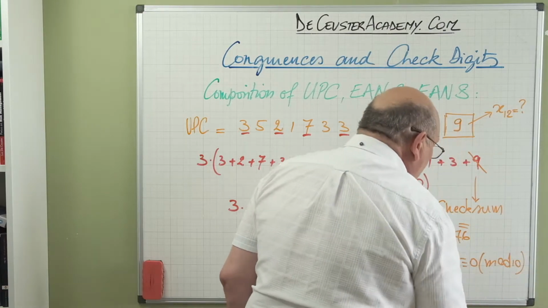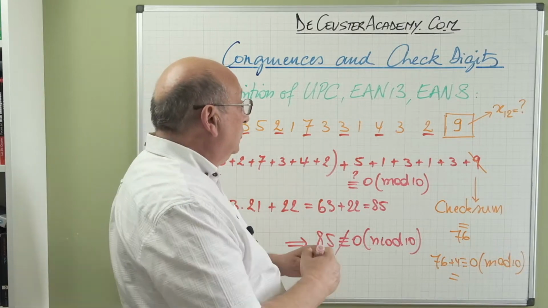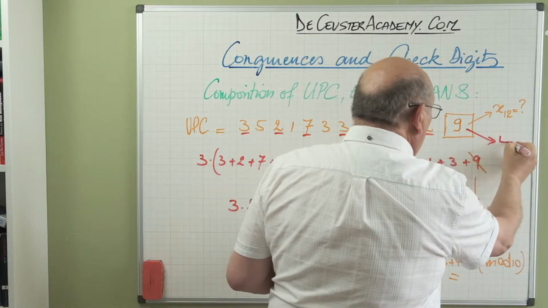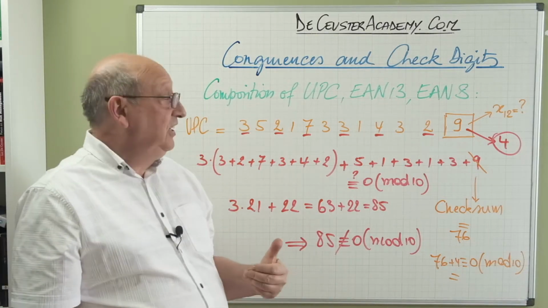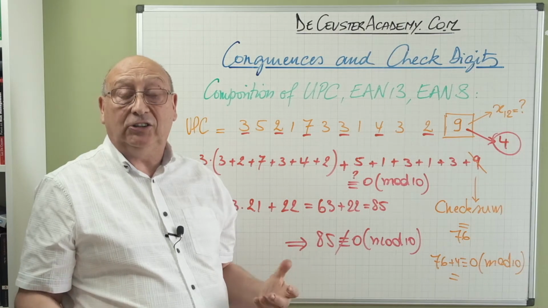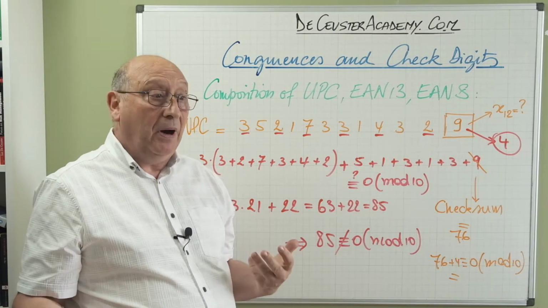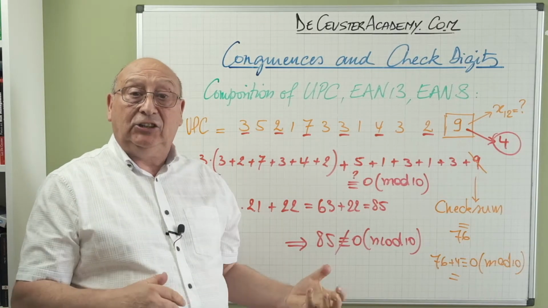And then 4 would be the correct check digit. So this has to be 4. Basically what we find here is a control before we start creating bar charts and all those barcodes that the number that we are considering is correct.